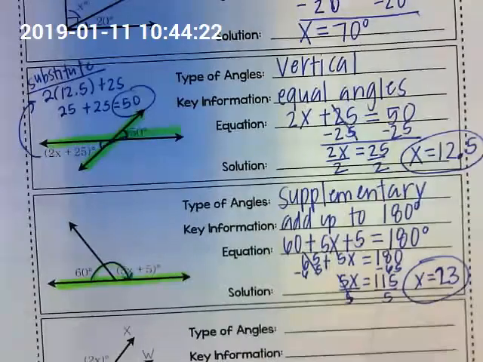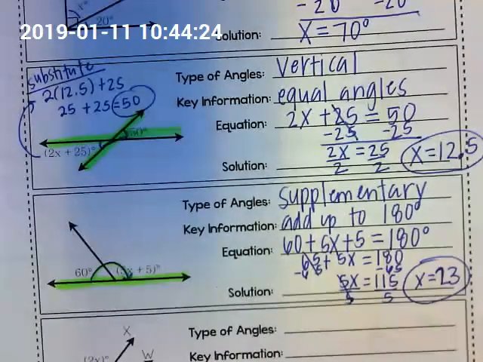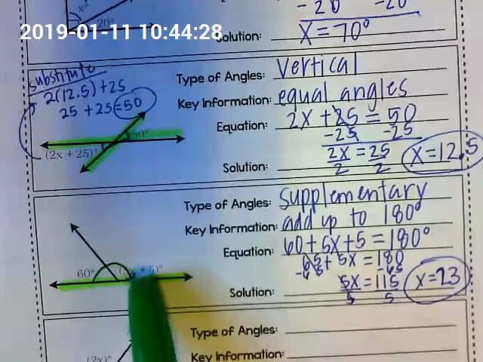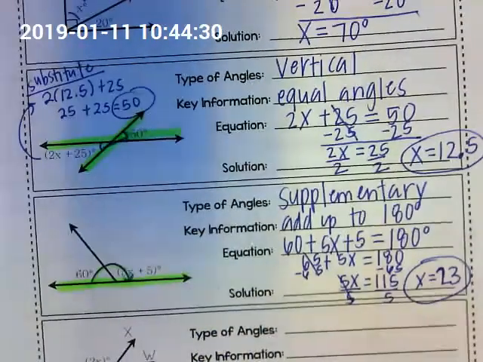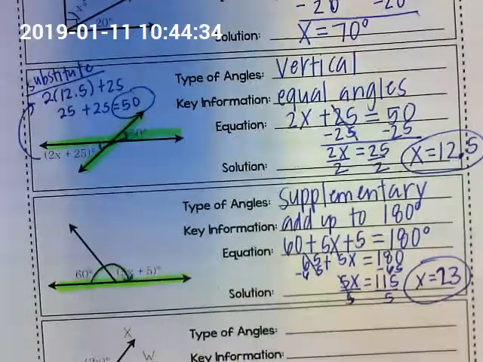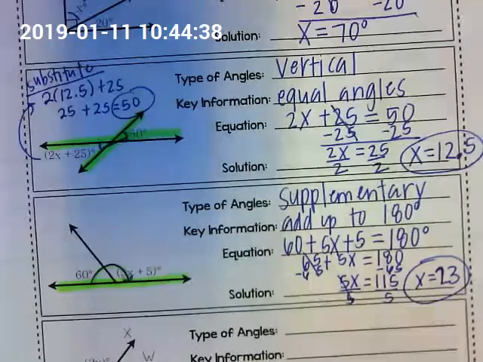Now we could use our same process and plug this 23 back in to make sure we get a valid number. But all they want us to do right now is solve for x, so we're good.